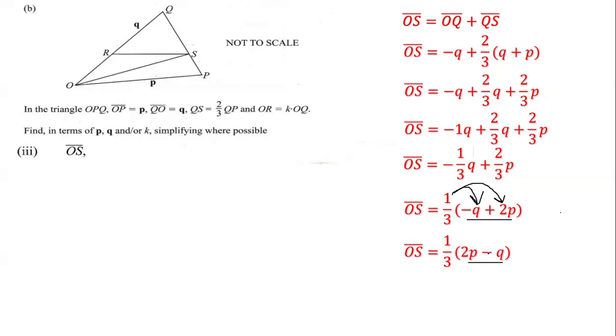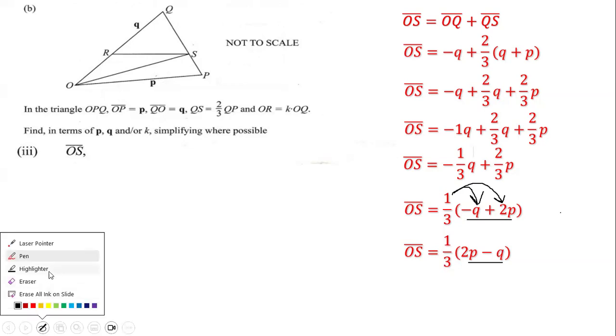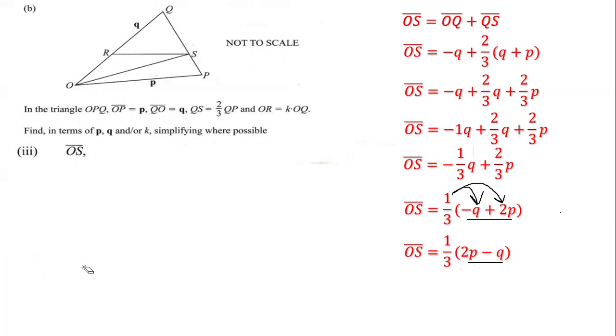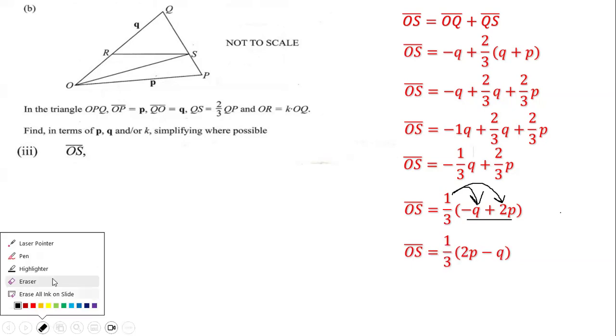So we just switch the way they are arranged, so that we have the 2P in front of the -Q. And so the answer for the vector OS is a third multiplied by 2P minus Q. That's going to be helpful when we move on to the next part of this question.